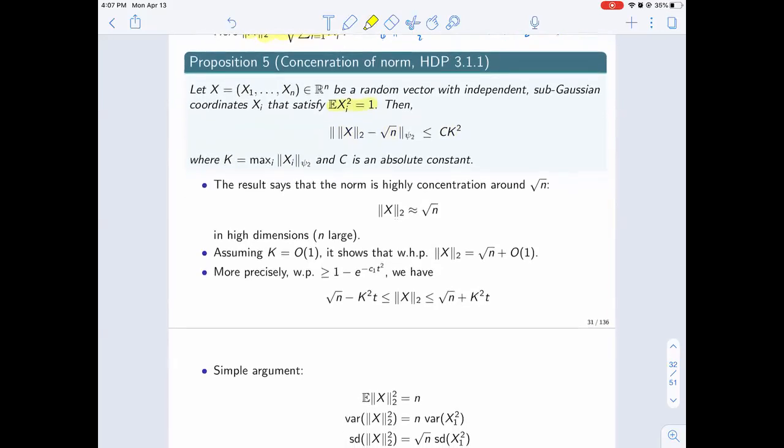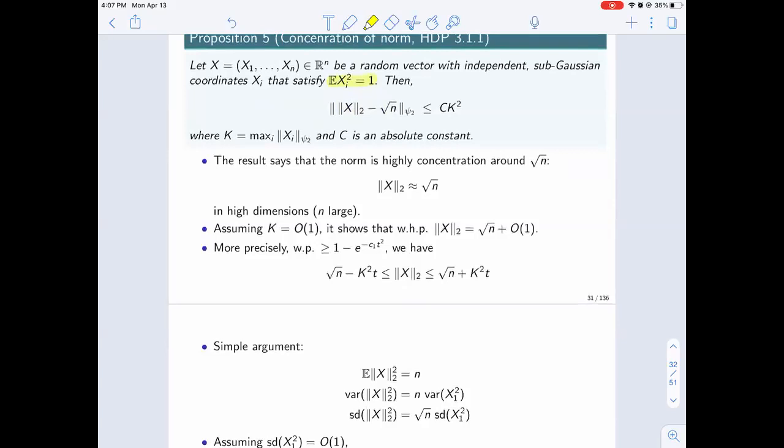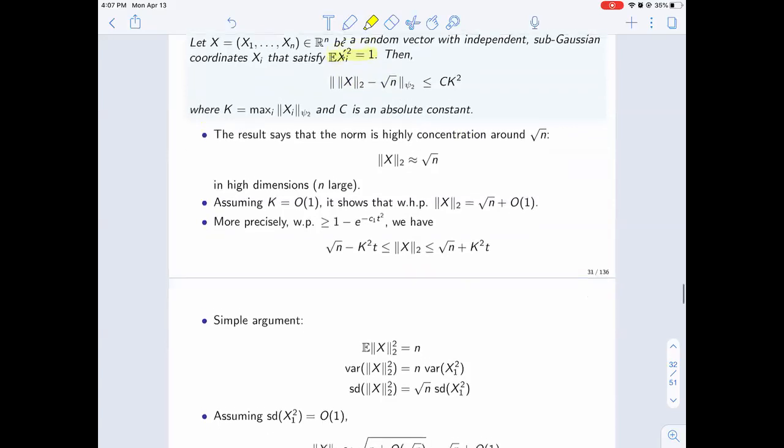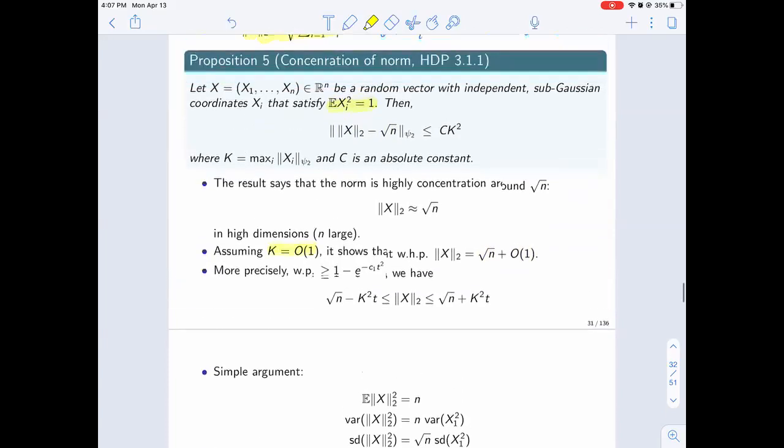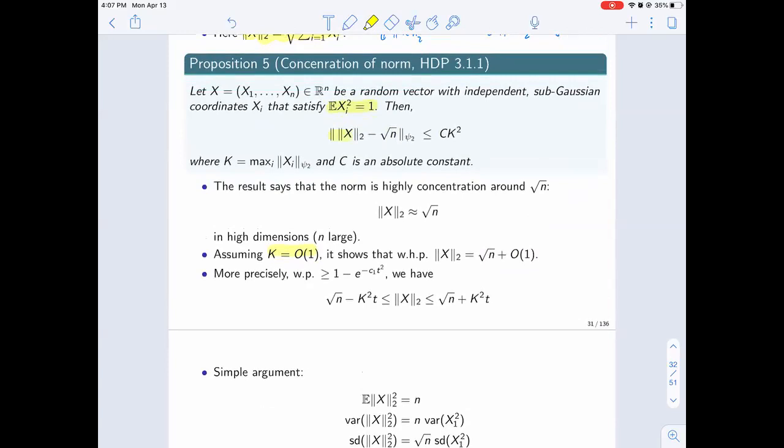So it shows that the norm is highly concentrated. This is not exactly correct, but highly concentrated around root N for large N with high probability. In particular, if K is O(1), a constant, then with high probability this norm is going to be root N plus or minus something which is constant. Another way of saying that, if you go back to the tail bound, this bound on the sub-Gaussian norm translates to a tail bound on this deviation.